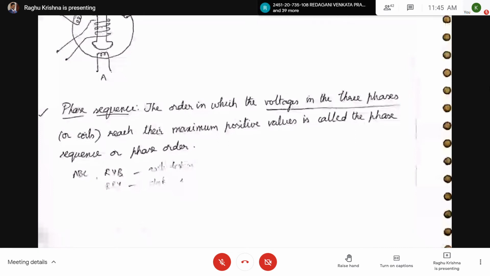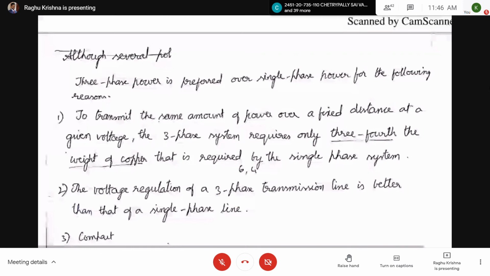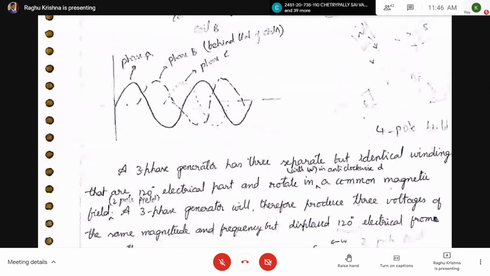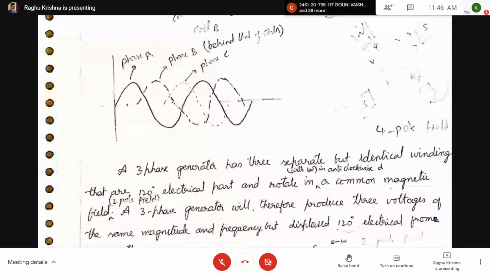You can see the waveforms here. First the A phase becomes maximum, then the B phase voltage becomes maximum, then the C phase voltage becomes maximum. So here the phase sequence is ABC. Suppose the field is rotated in the opposite direction, then what happens?